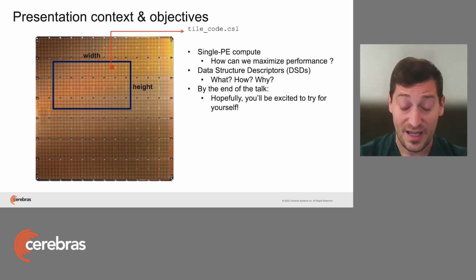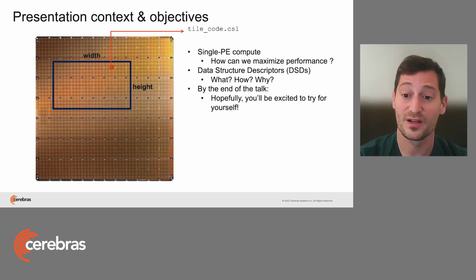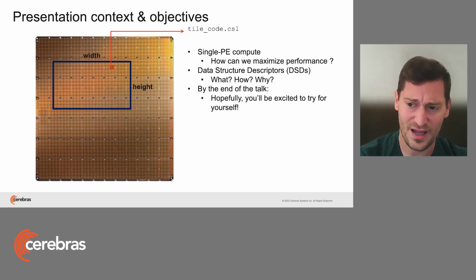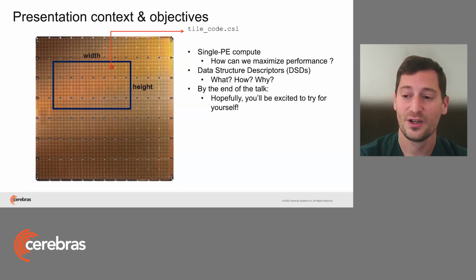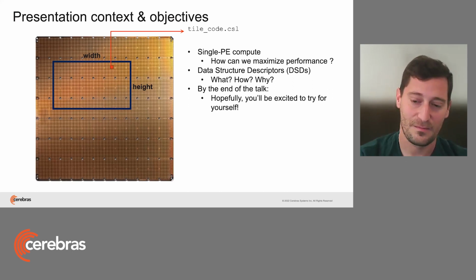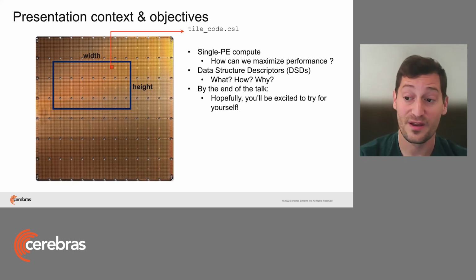Our talk today is going to be focused on what's happening on individual PEs, in particular, how we can do single PE compute, and how we can maximize the performance. One way we can do that, which we will explain today, is to utilize a special capability of the wafer scale cores that is called data structure descriptors, or DSDs.